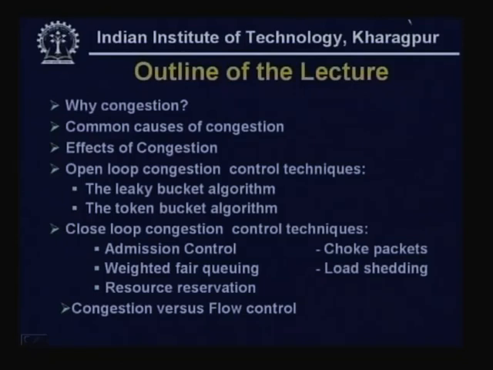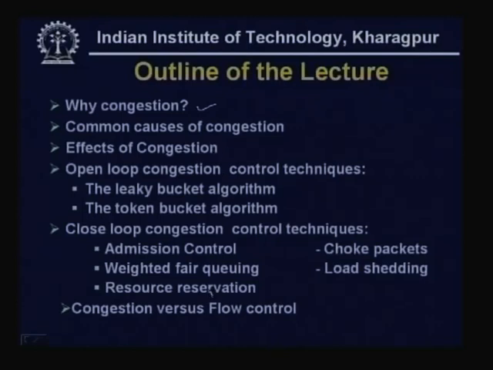First, we shall discuss why congestion arises at all. Then the common causes of congestion, or in other words the sources of congestion, we shall discuss. And whenever congestion takes place, what are the effects of congestion on the packet switch network, that will be discussed.